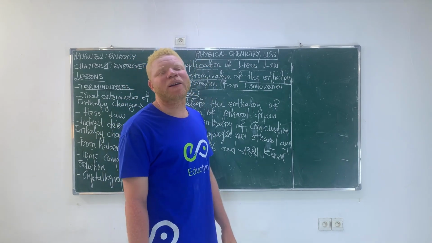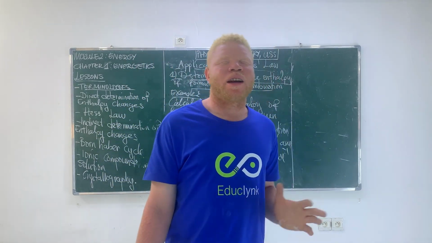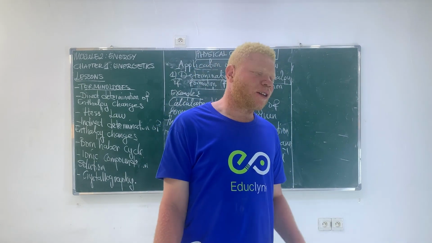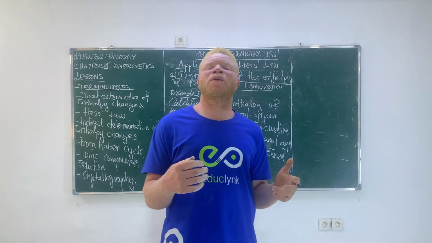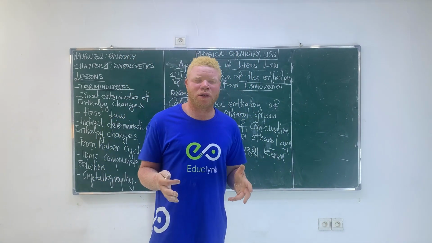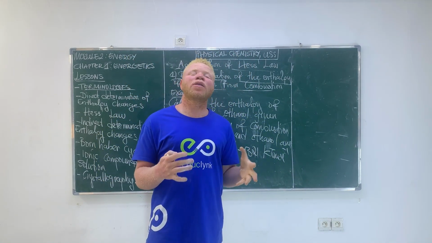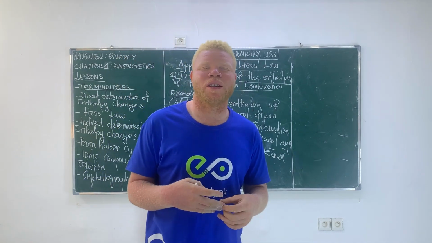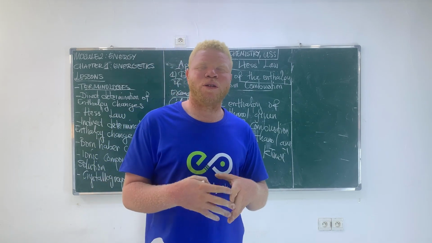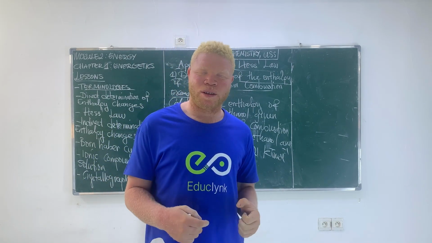I told you earlier that ethanol is made up of carbon, hydrogen, and oxygen. They need not give you the enthalpy of combustion of oxygen, because you cannot burn oxygen. Burning or combustion takes place in the presence of oxygen.